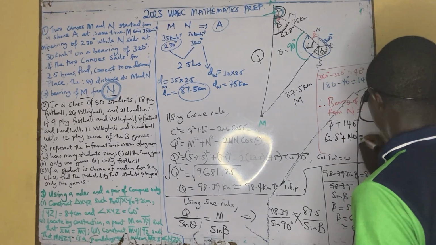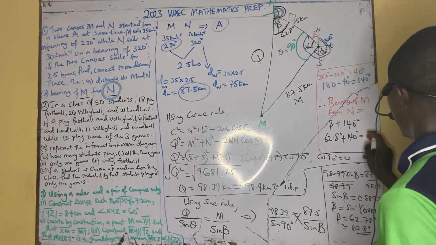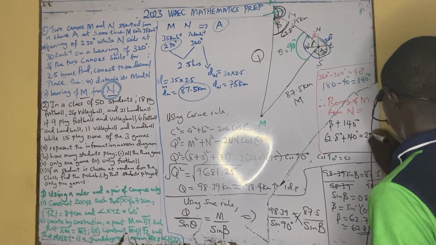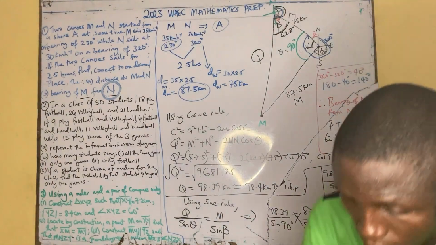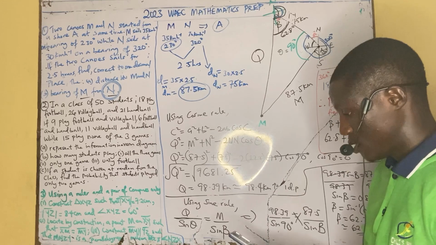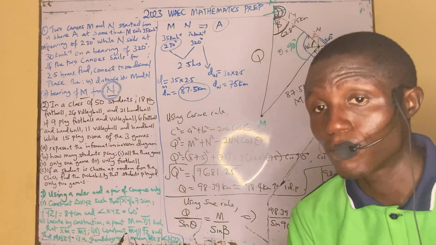Add them together, 62.8 plus 140, let me confirm that. So we have 202.8 degrees.